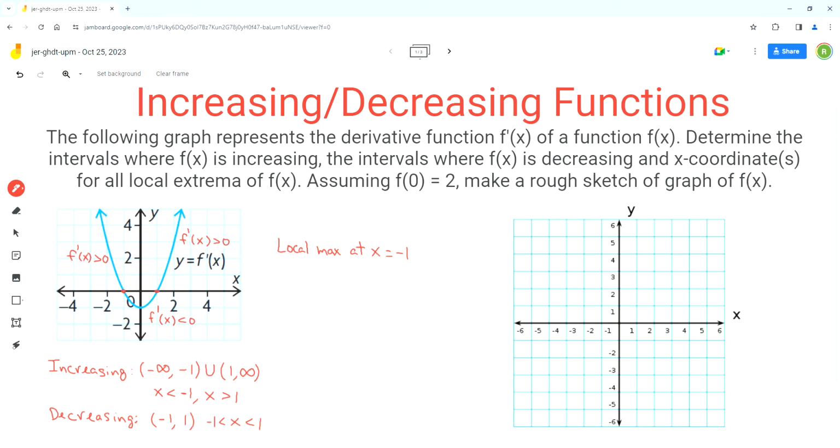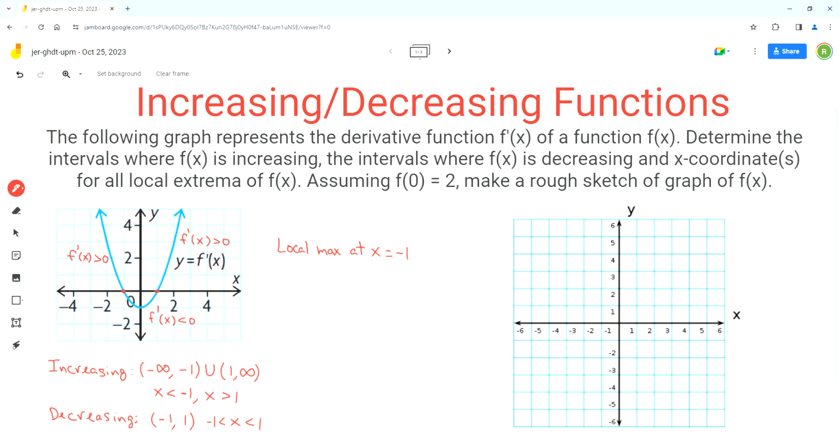Now we can analyze the other x-intercept. At the other x-intercept, as we go from left to right, f prime of x changes sign from negative to positive. So the graph of f prime of x passes through the x-axis upward.